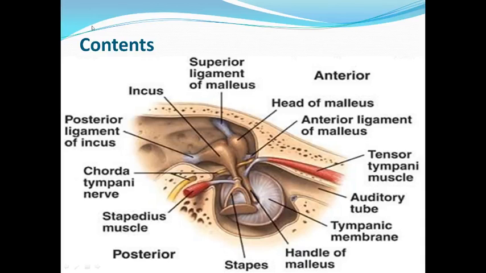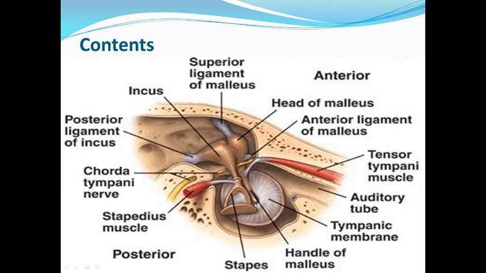Now discussing the contents of the middle ear. The middle ear cavity or tympanic cavity firstly has three ear ossicles, which I have already told you. The first is the malleus.